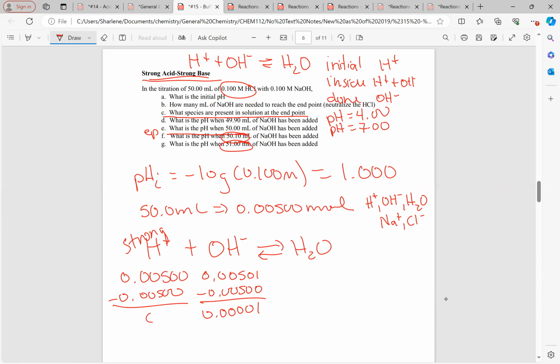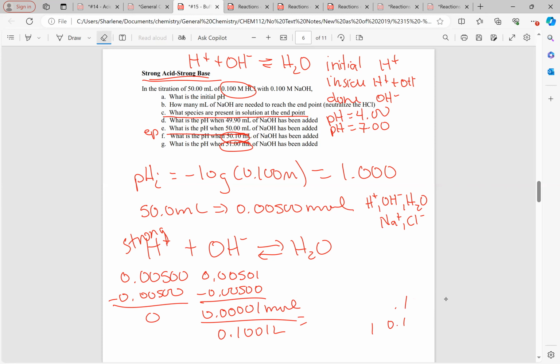But I do have a little extra leftover base, and it's a strong base, so I just need to take the negative log of it. So I need to get back into molarity. So I had my original 50 plus 50.1, so 100.1, so 0.1001. All right, and what does that turn out to be?